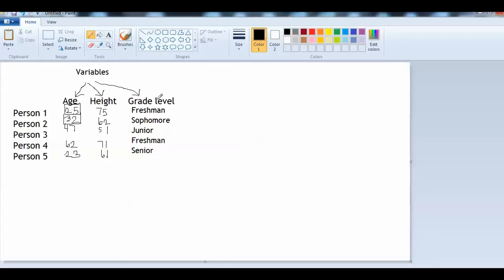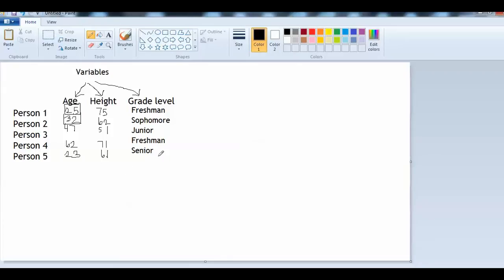If the goal of our survey was to record the ages, heights, and grade levels of 5 people, and this was the complete set of data that we wanted to record, then we would say that this is our finished data set.